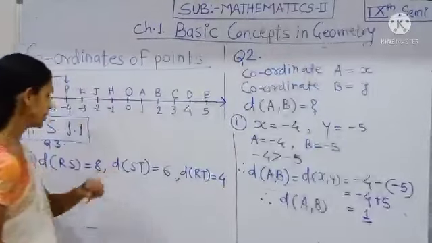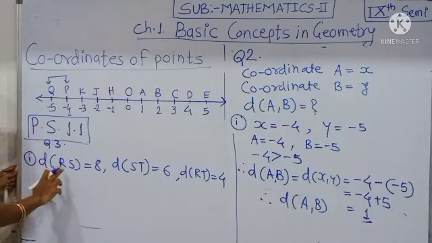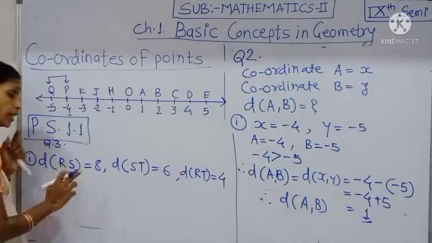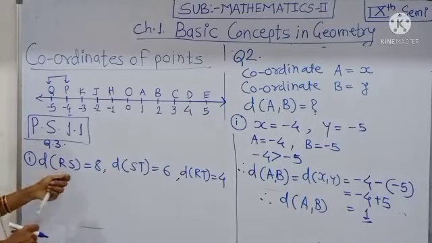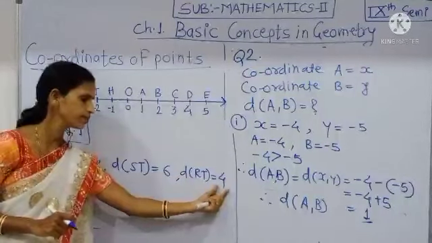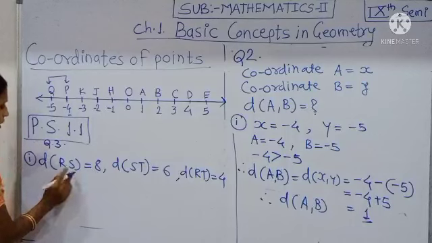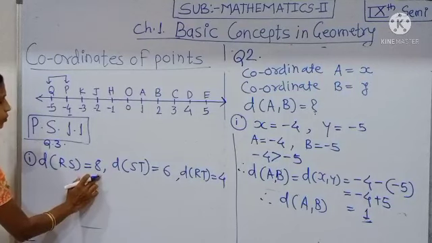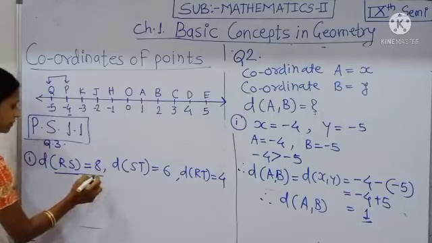Then see here, first of all we have to determine the betweenness property and we have to focus on the values given here. The greater value, the greater distance, is of RS.